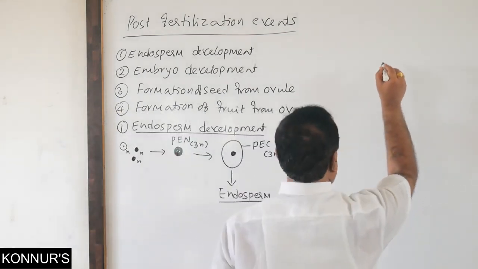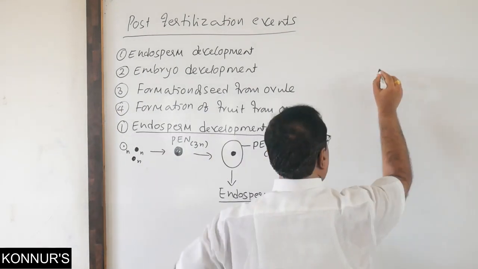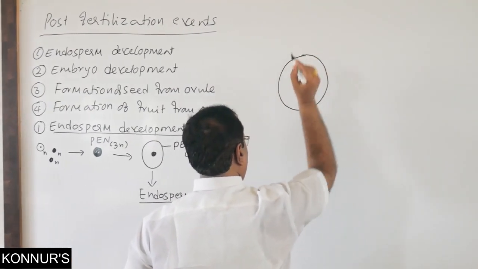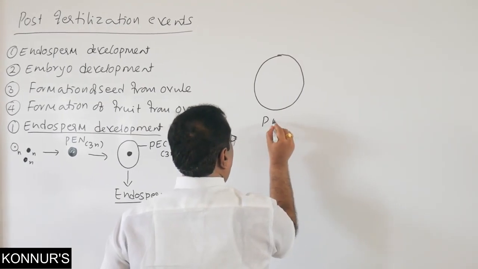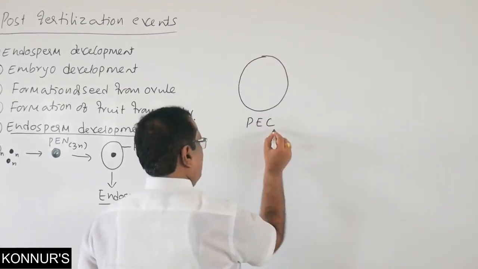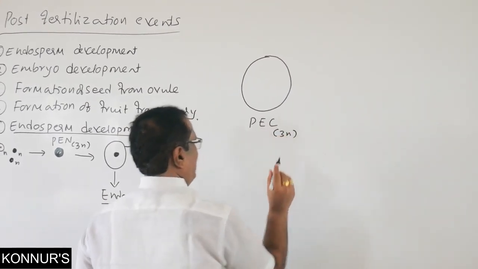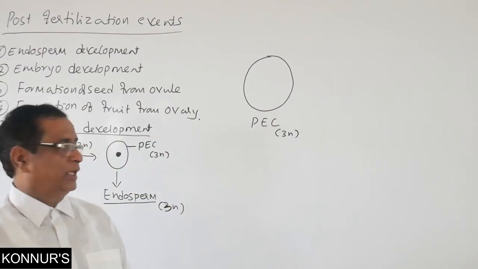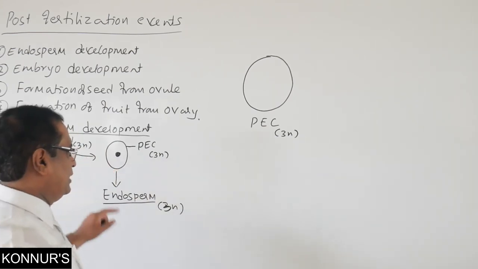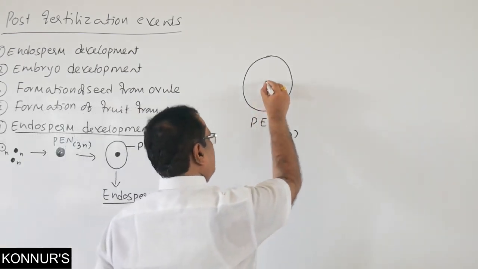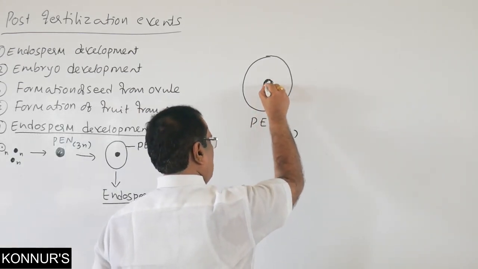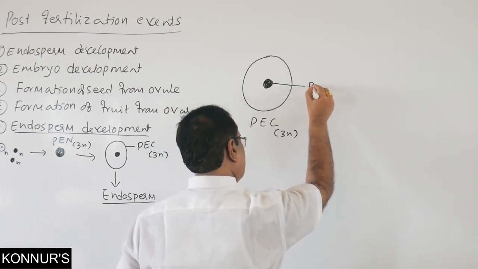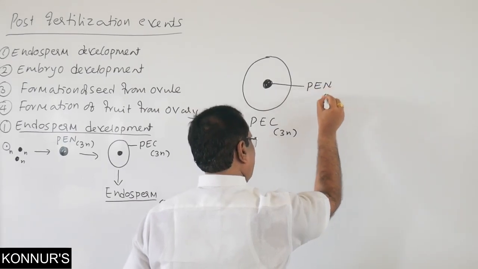Let us see here. This is PEC, a primary endosperm cell. It is having that triploid nucleus, that is PEN.